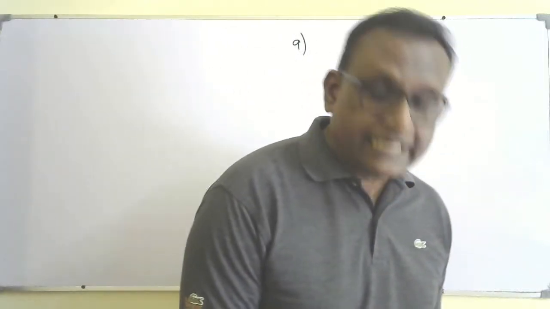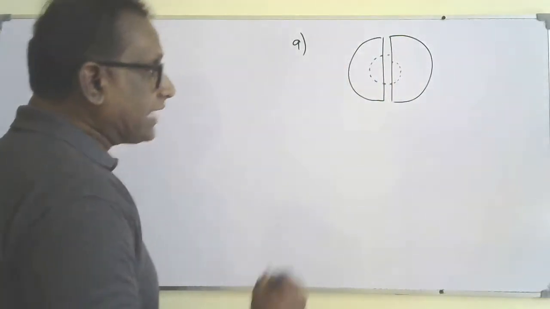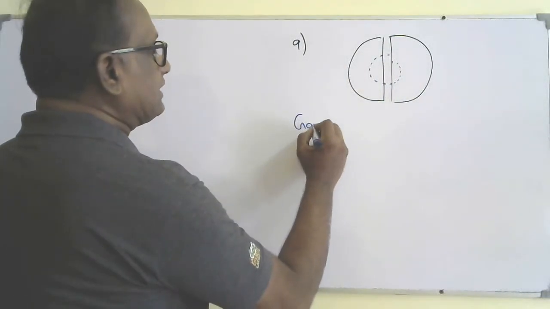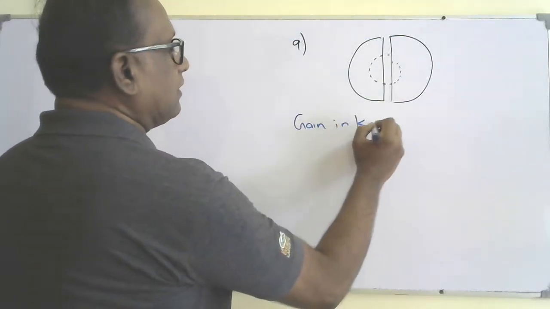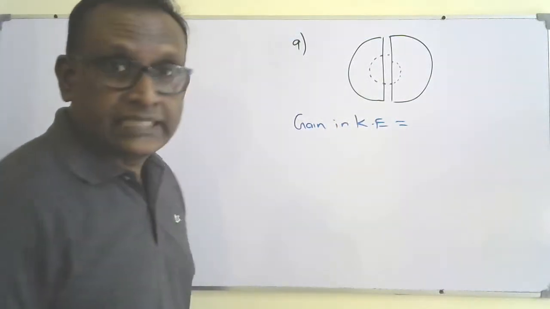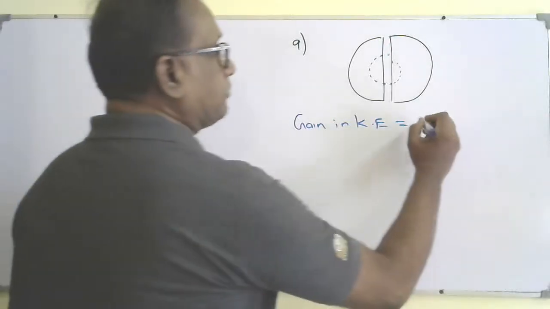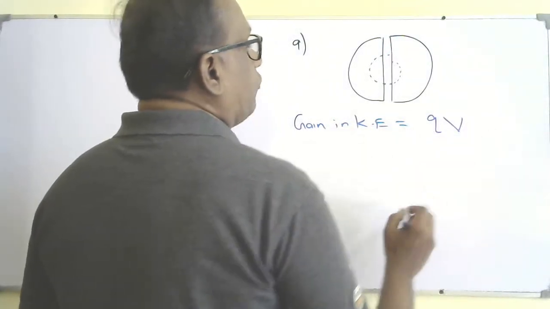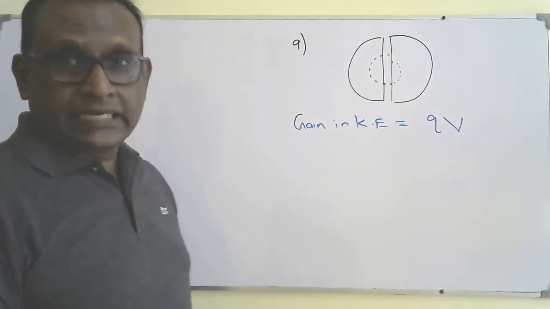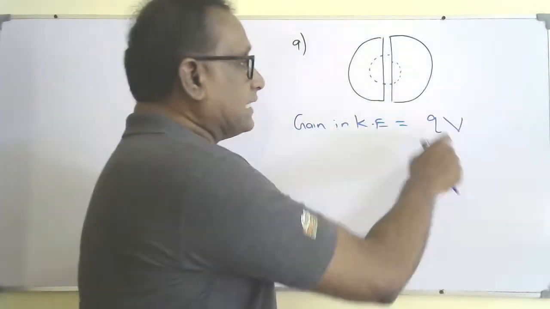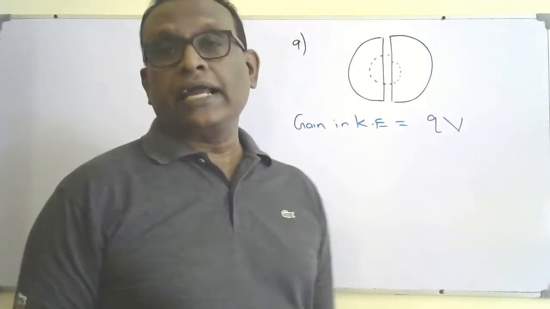You know the energy equation: the kinetic energy gained is equal to the work done by the electric potential, given by QV, where Q is the charge of the particle being accelerated and V is the potential difference applied across the D.